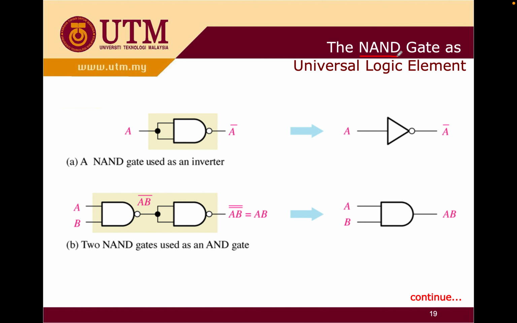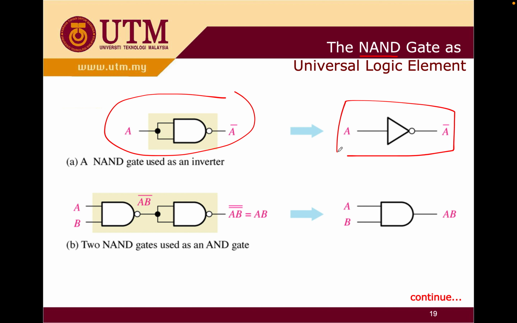So that's why here you need to memorize. With a NAND gate like this, you have input 1, combine your two inputs, and the output is 1, so you get a similarity to a NOT gate.